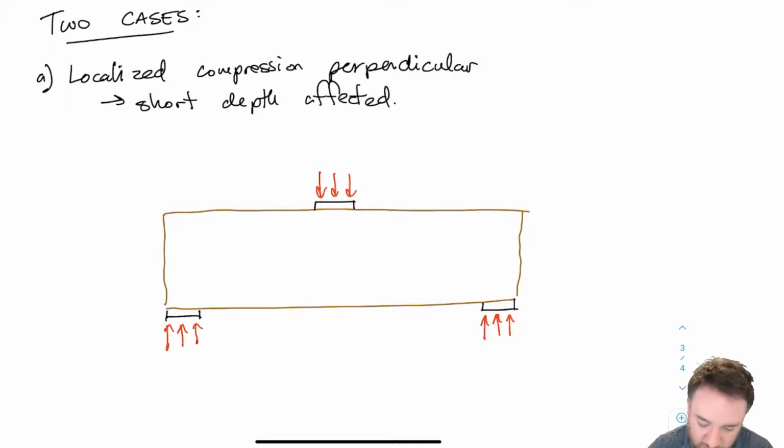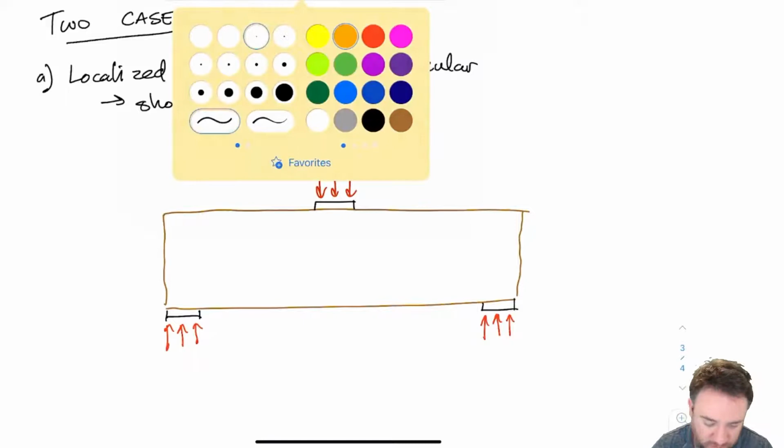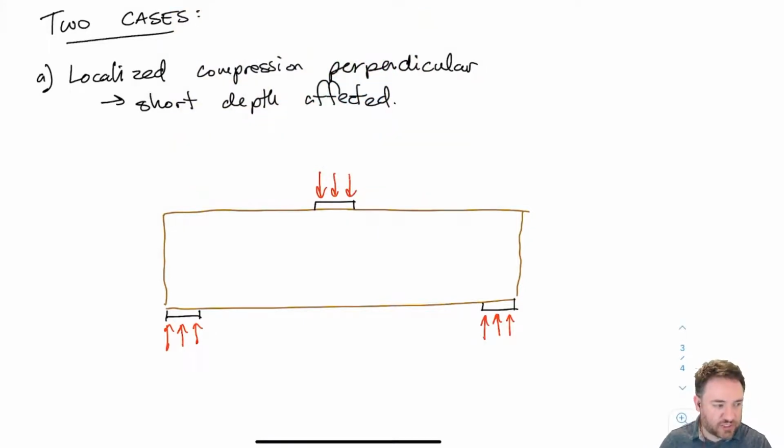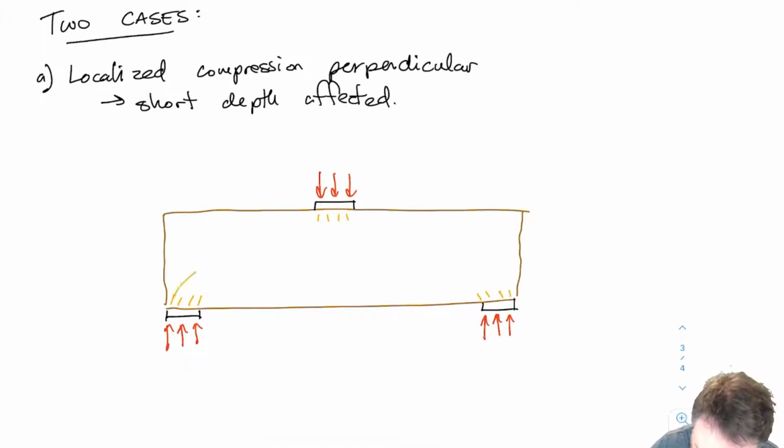Okay, so if we were to look at which way the principal compression stresses go, at the top, we definitely have stress going straight downward, right? And at the beam reactions, we know that there has to be compression stress as well that's holding up the beam, right? Compression perpendicular. But in between these, we have some turning of the principal compressive stress.